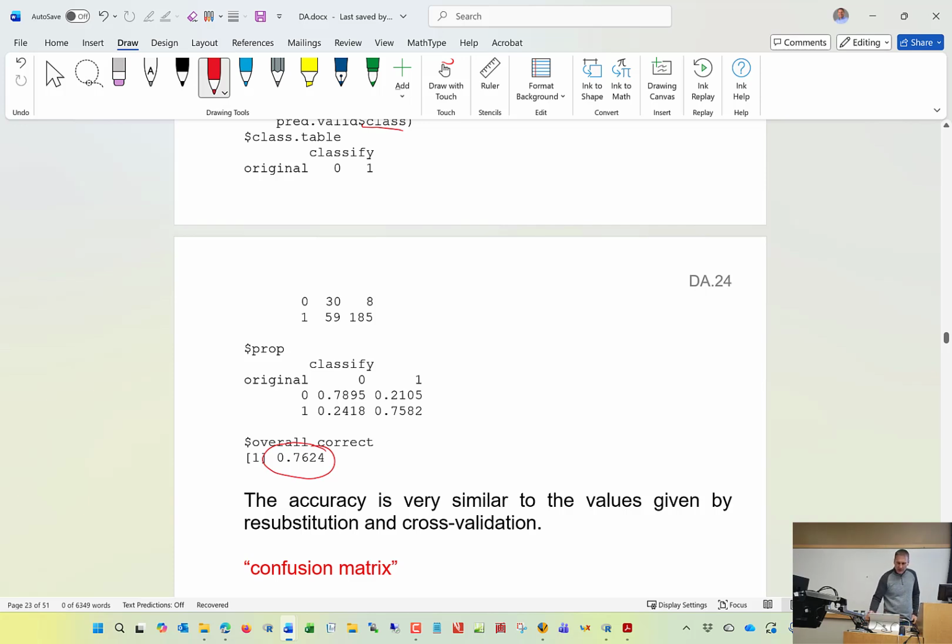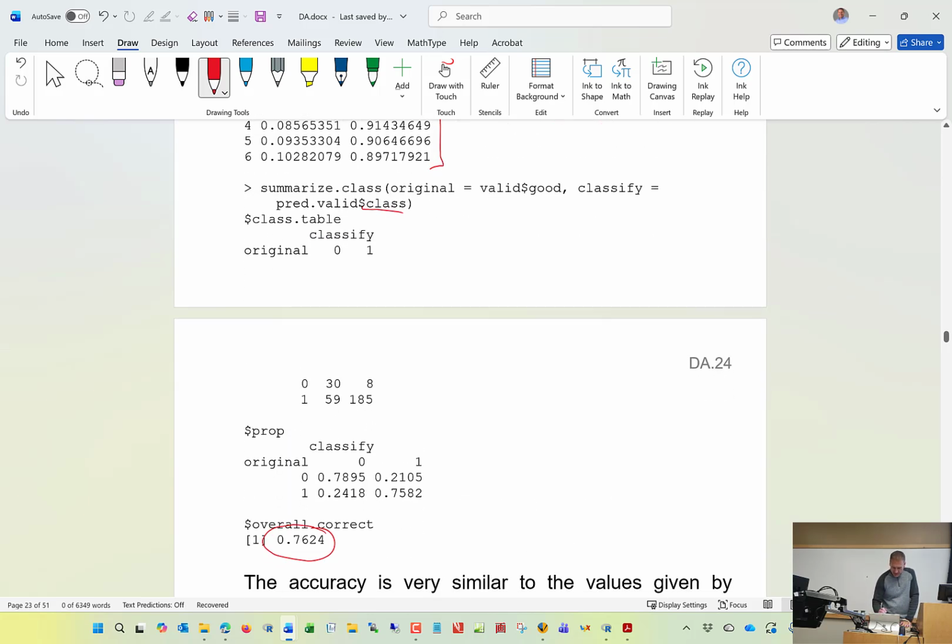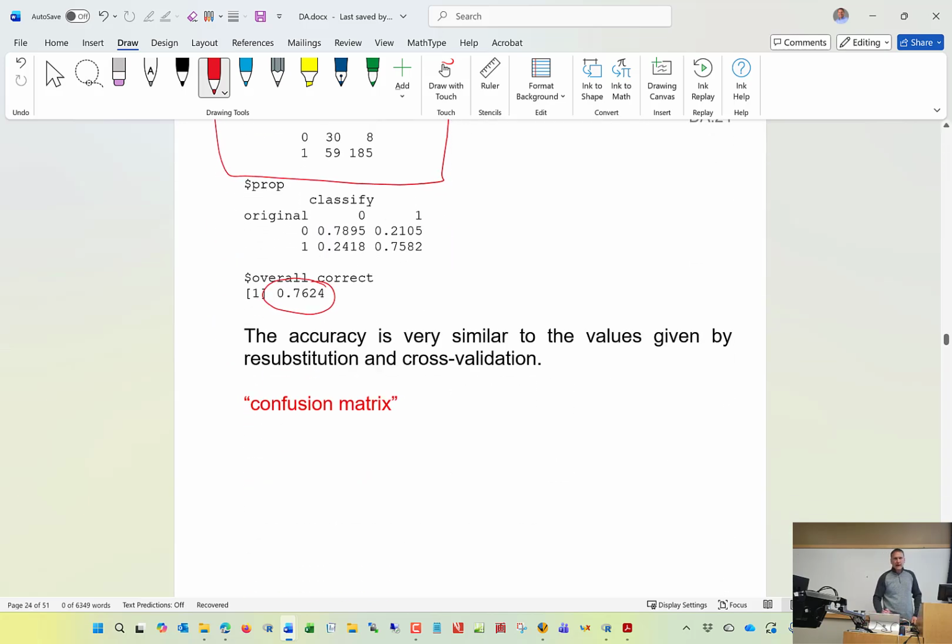Now, this table that we see here, which actually is split across the page, has a name that unfortunately has gained traction in the world. Rather than just calling it a classification table, which statisticians have always called it for a very long time, once computer scientists also got into our field and started doing what we did, they decided to do some of the same things and give cooler names than what we use.